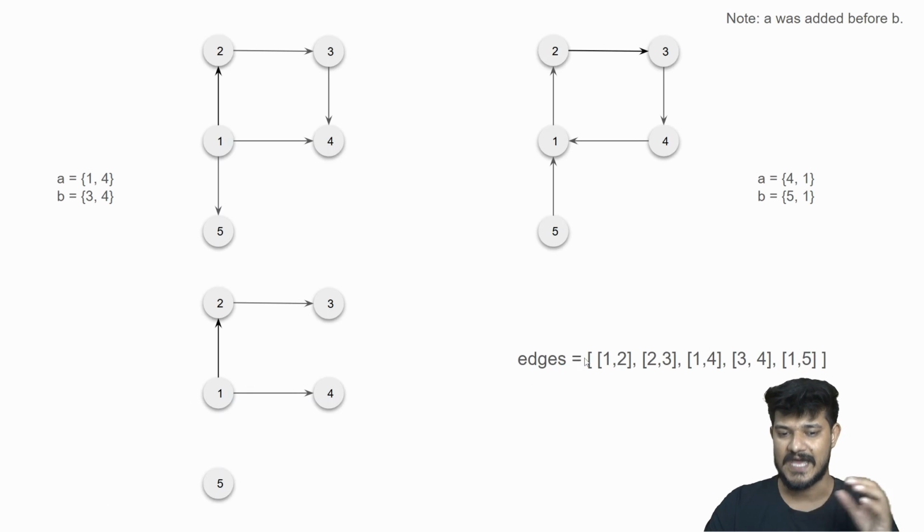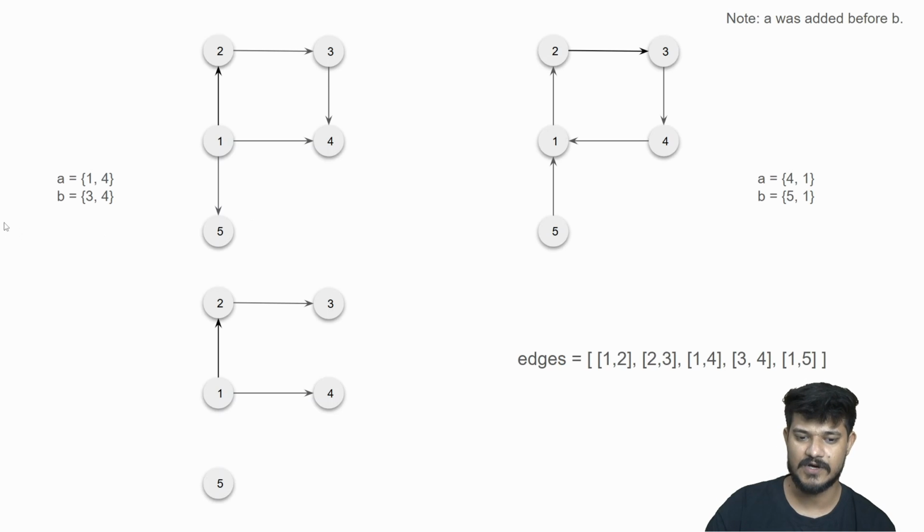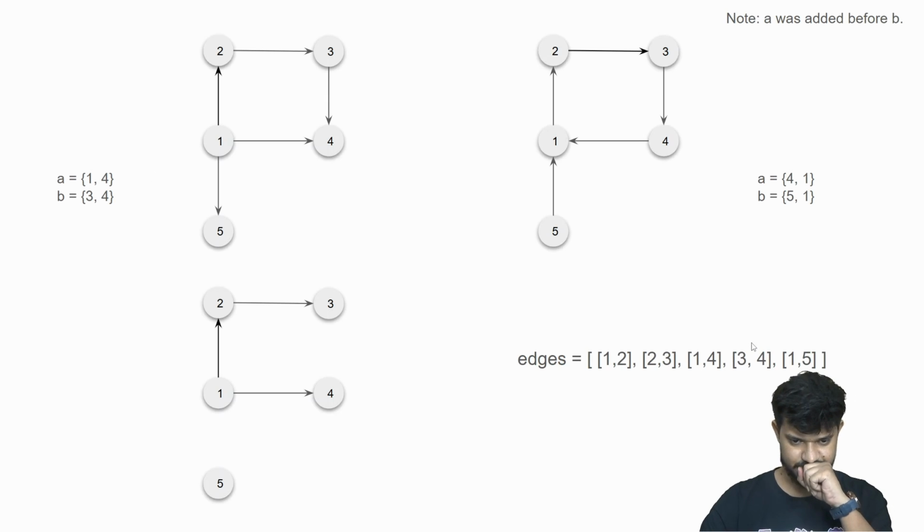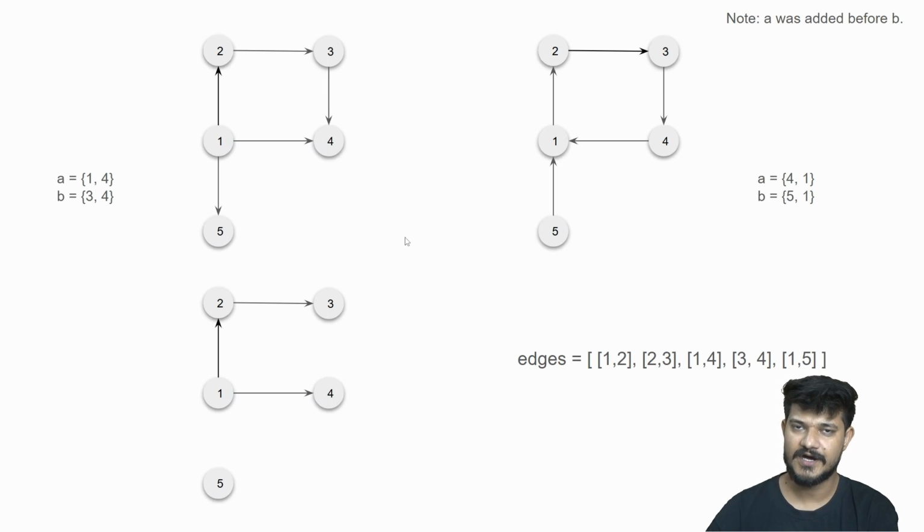Edge 3 4 I won't process, because edge 3 4 is B. I'm taking the example of this graph only. 3 4 is actually edge B. So I won't process this. 1 4 and 3 4 are the edges which are creating a node with two parents. So 1 4 and 3 4 are our candidates. 1 4 was added before 3 4. That's why A is 1 4, B is 3 4.